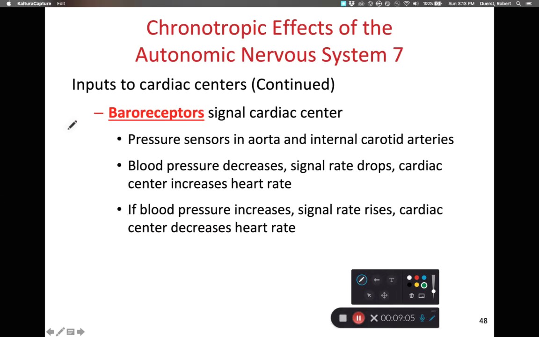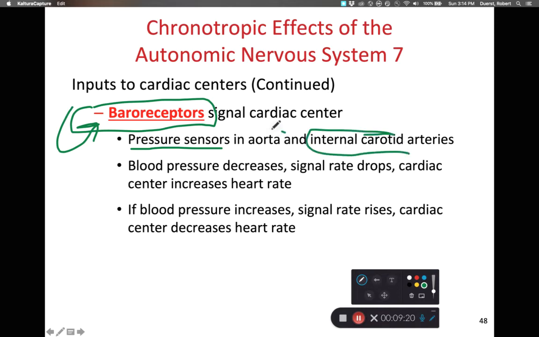Now, another thing that's going to influence the cardiac centers, I should say, are baroreceptors. These are special receptors that measure blood pressure. They are the blood pressure sensors of our body. We have these baroreceptors both in the internal carotid arteries and the aortic arch itself, and these baroreceptors are going to monitor blood pressure to see if it decreases.